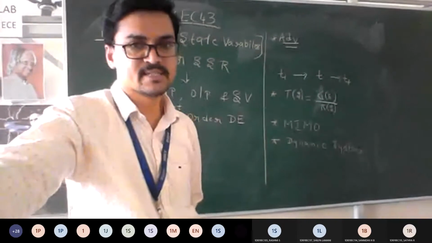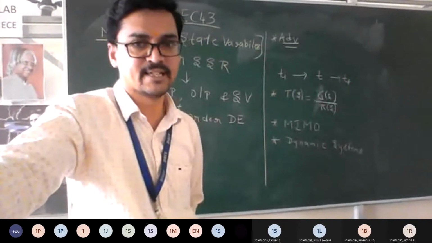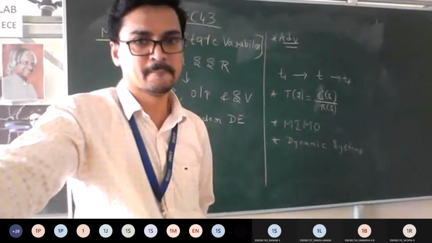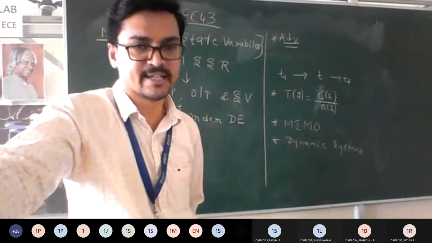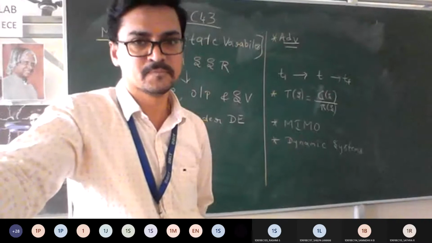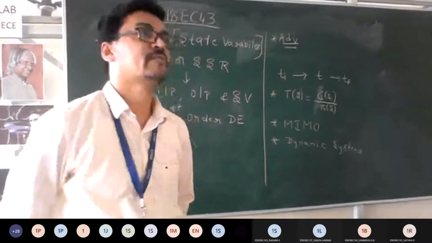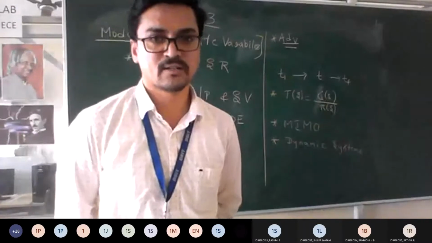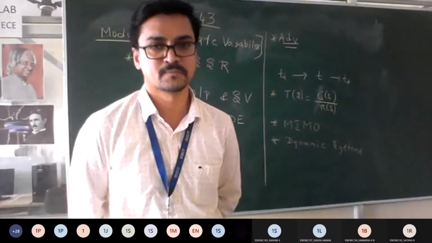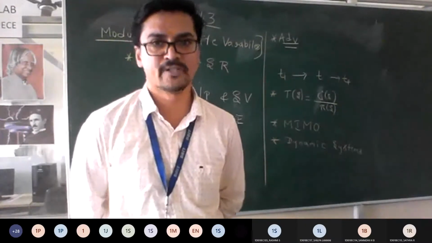I hope in signals and systems there was a concept of static and dynamic properties. Do you remember? Can anyone tell me the difference between static and dynamic system properties? Static means what? Dynamic means what? How will you differentiate?